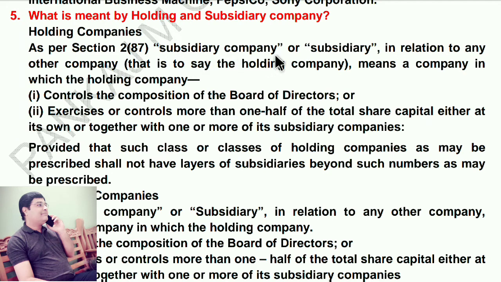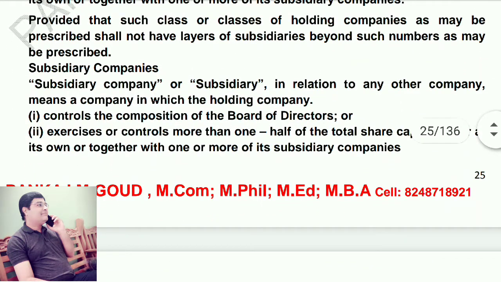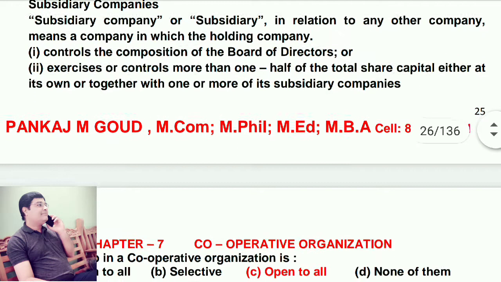Holding company, as per Section 2(87), means a company in relation to which another company is a subsidiary, that is to say, the holding company controls the composition of the board of directors or exercises or controls more than one half of the total share capital, either at its own or together with one or more of its subsidiary companies, provided that such classes of holding companies as may be prescribed shall not have layers of subsidiaries beyond such numbers as may be prescribed.